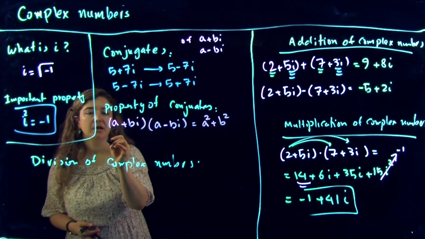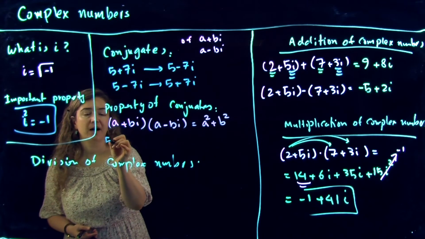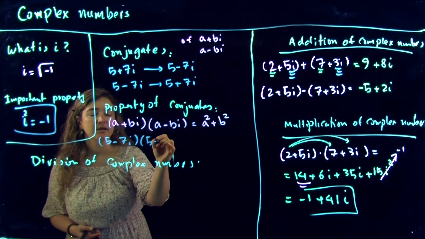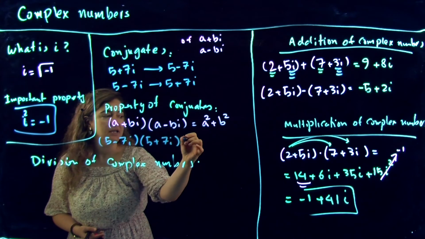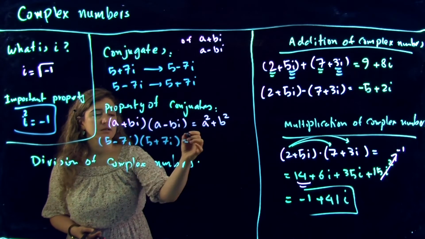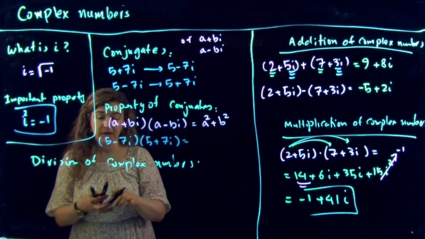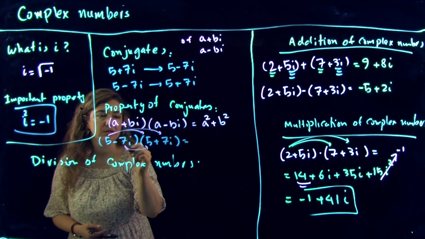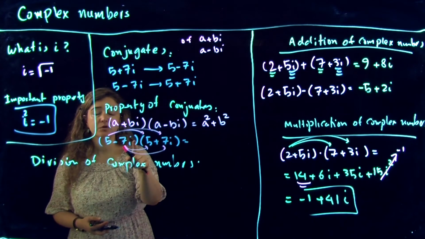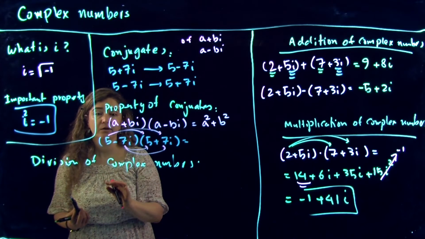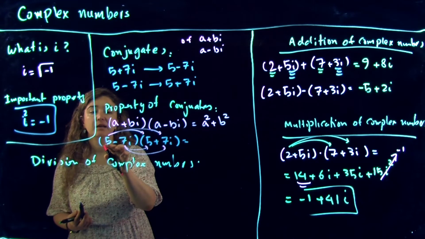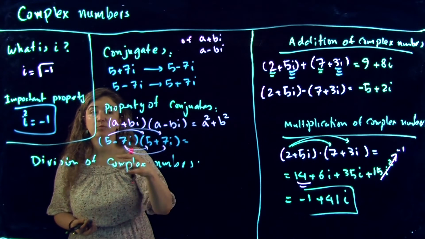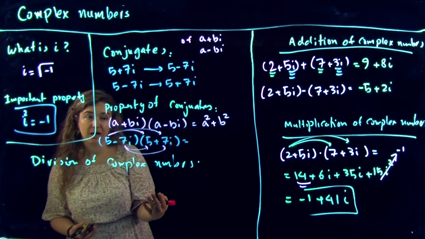For example, if I have 5 minus 7i, and I multiply it by 5 plus 7i, you can try this by doing your process of multiplication, and you see that two of the terms cancel together, and what you end up with is 5 to the power 2 minus 7i times 7i, which is going to be minus 49.